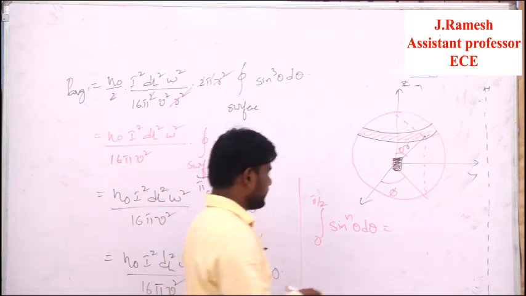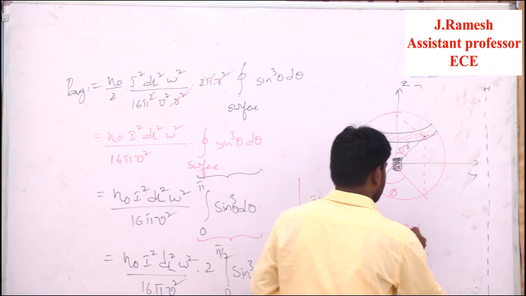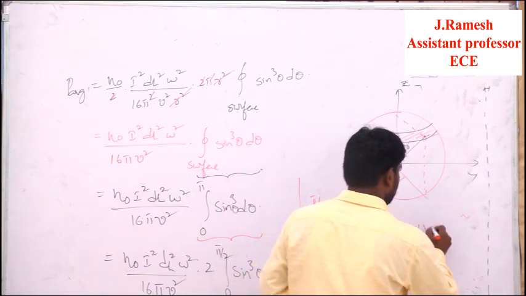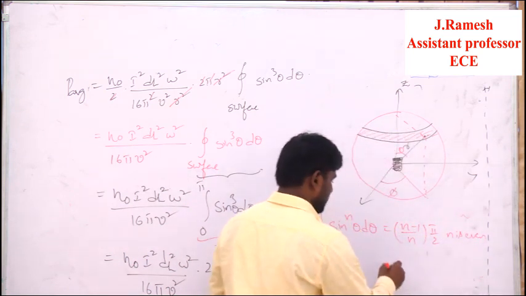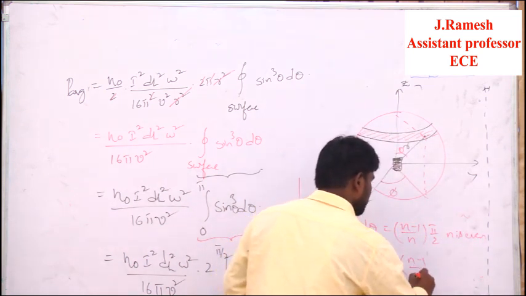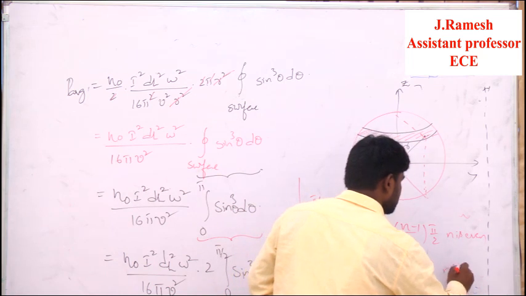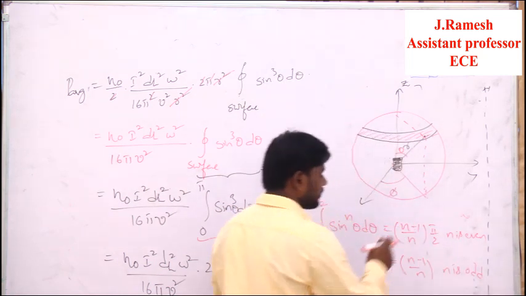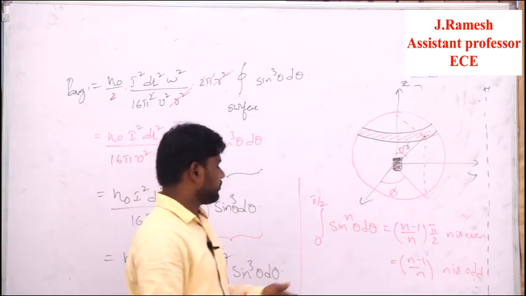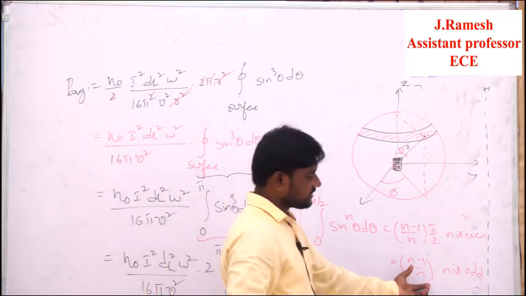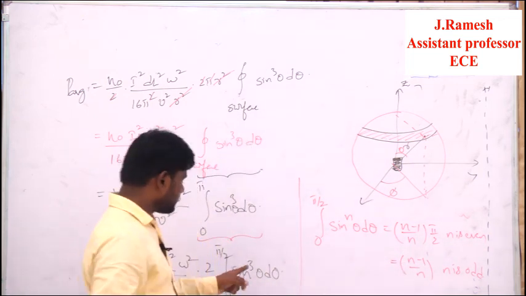The value is (n−1)/n times π/2 if n is even, otherwise it is (n−1)/n when n is odd. So the π/2 term will come only when n is even. But now our case is odd only.